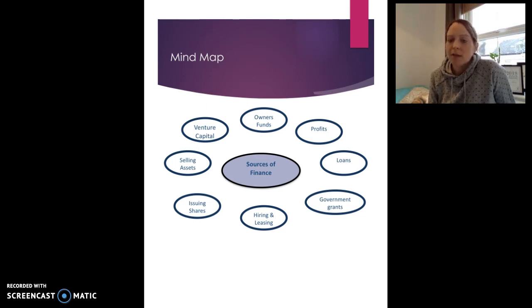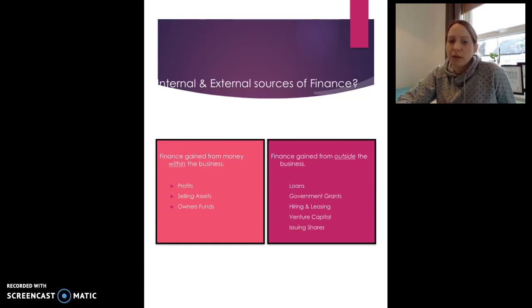So maybe you've got assets that are just sort of sat there, they're not working for you. So perhaps you think about selling those in order to raise cash. Or it could be through venture capital. So I just want you to think about which options are available to you, which are the most reasonable sources, or perhaps actually you're needing to use a combination of each of those in order to raise the finance you need to get your business moving.